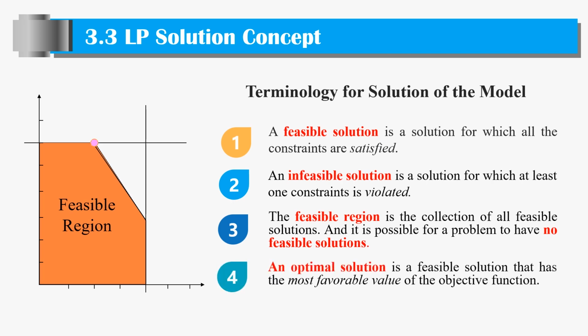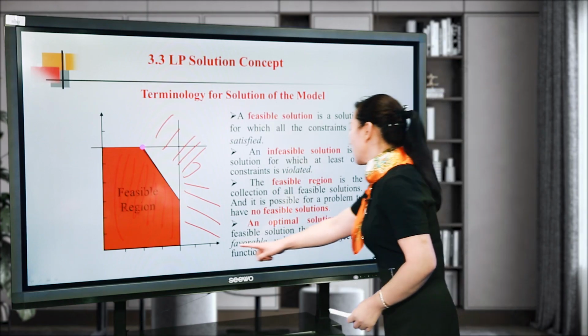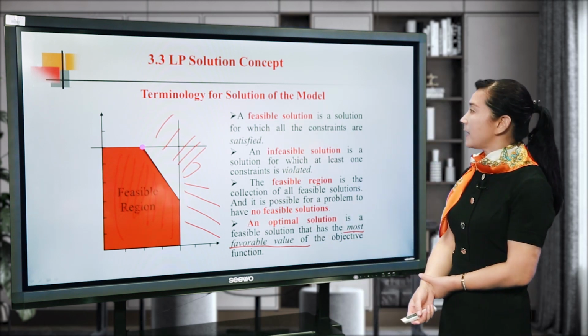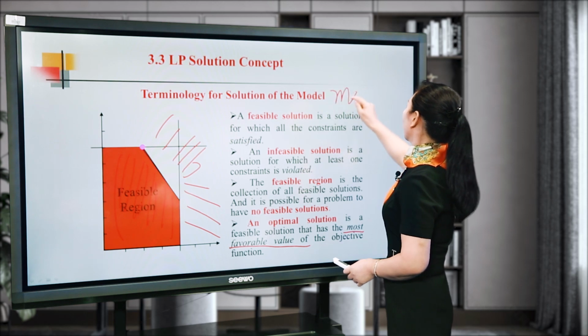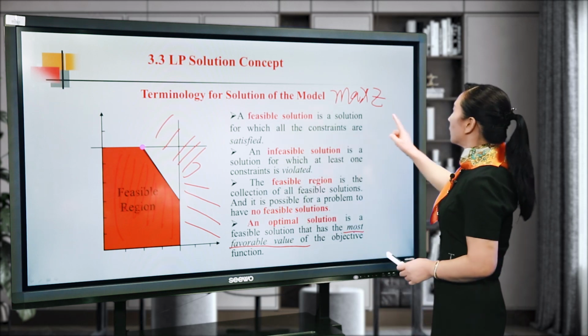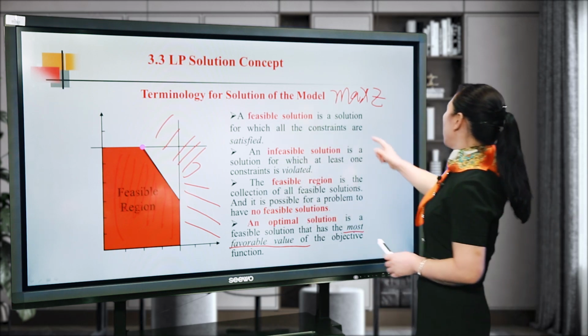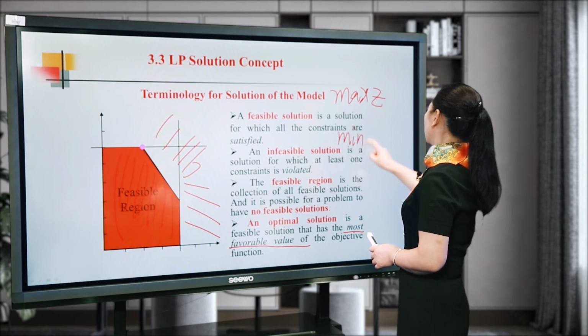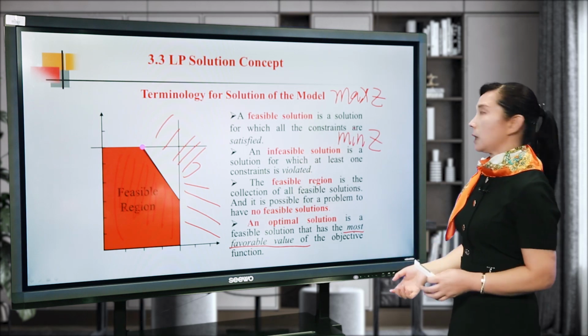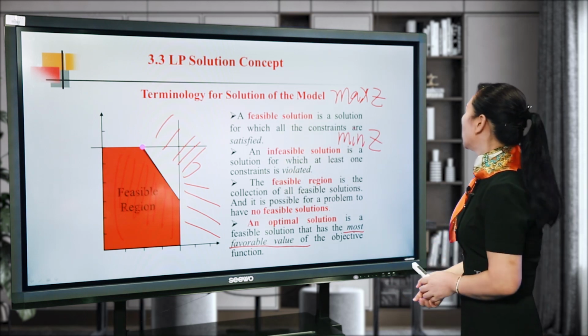An optimal solution is a feasible solution that has the most favorable value of the objective function. The most favorable value of the objective function means the maximized value or the minimized value; the optimal solution achieves the least or the furthest value.